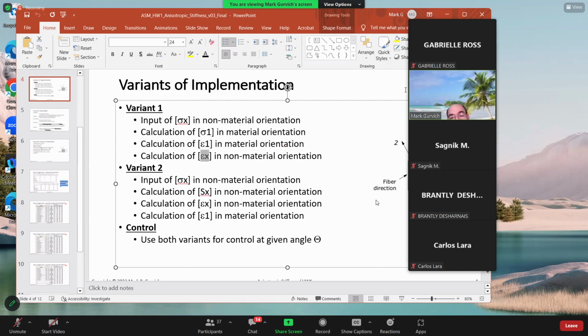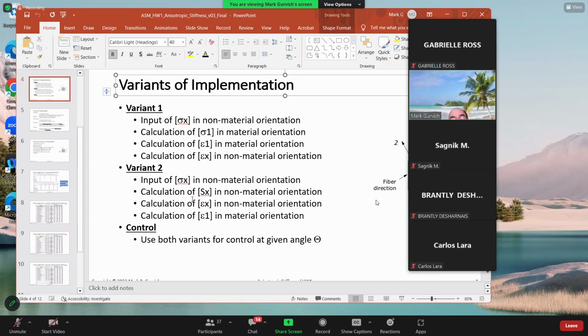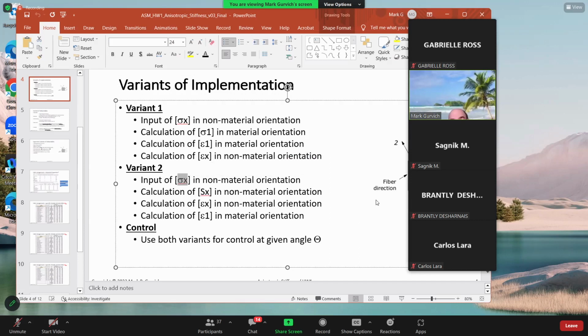However, in variant 2, you can do it in the opposite way. The starting point is exactly the same: you have the load condition, stresses sigma x and sigma y. Then you calculate the compliance matrix, but already in coordinate system x and y, and you had a formula for that.